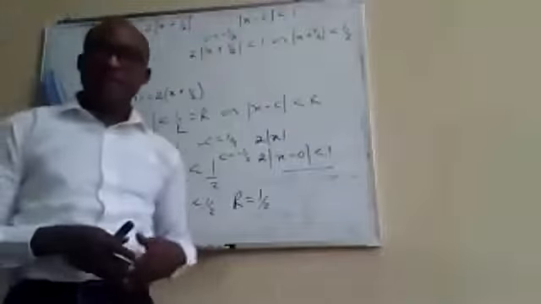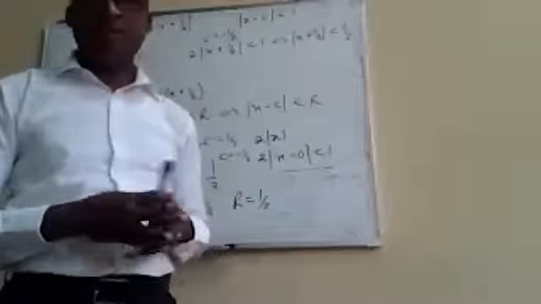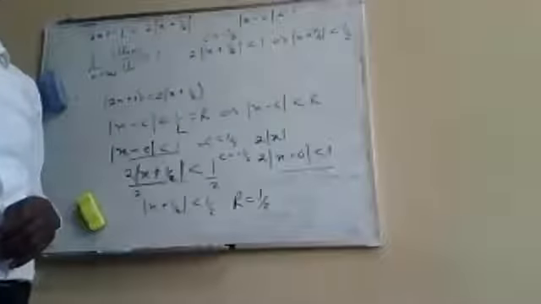That's how to determine the radius, to check whether a series converges or diverges, and to check the radius of convergence of that series. Is that taken? Yes, sir. I understand, sir.